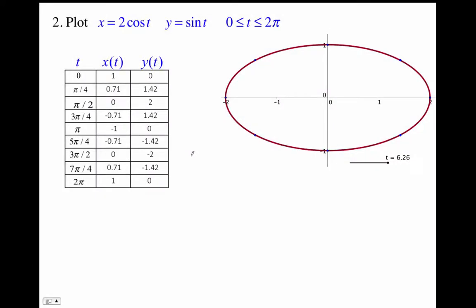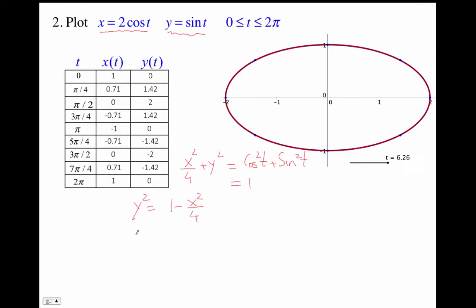Now let's see if we can understand this curve analytically. So let us eliminate t from this equation and this equation, which is easily done because if I take x squared over 4 plus y squared, that's cosine squared t plus sine squared t, which is 1. And so we have y squared is 1 minus x squared over 4.